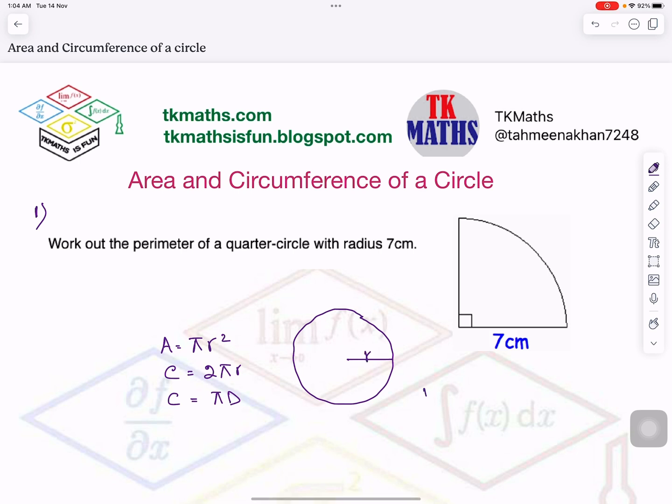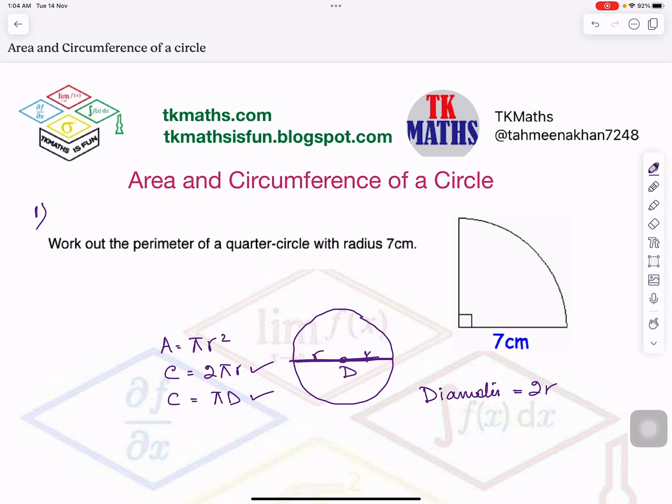Because diameter is equal to 2 times the radius. So if I draw another radius from here, one radius this side, the other one this side, altogether this is a diameter. So 2 radius equals diameter. So the circumference formula 2 pi r or pi d is the same thing.